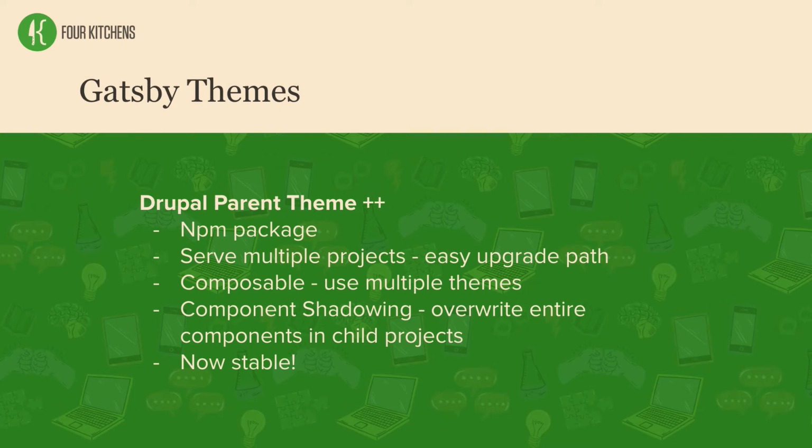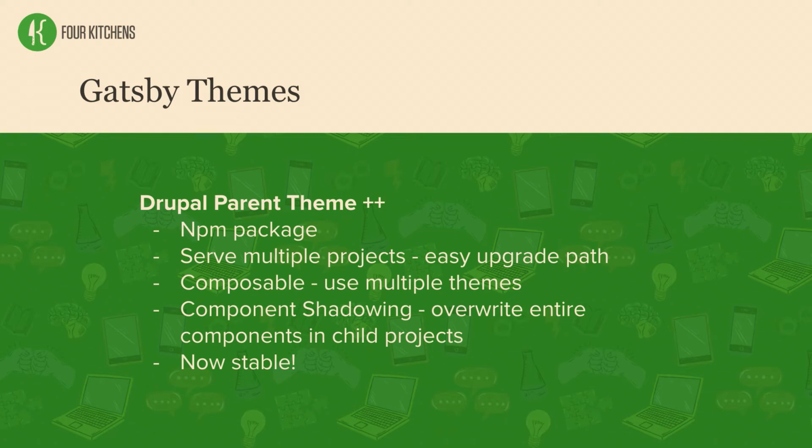A really amazing concept built into Gatsby themes, and this is really, I think, the strongest selling point for us when we started reading about this, is this idea of component shadowing. And I'm going to try and actually show this at the very end, but not only do themes provide the ability for you to, in your child, which is your project that you're developing for a client, where your design system is there, you can style it, you can change it to their needs.